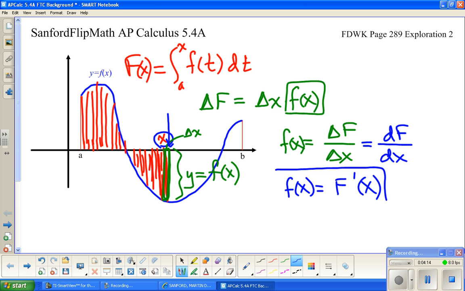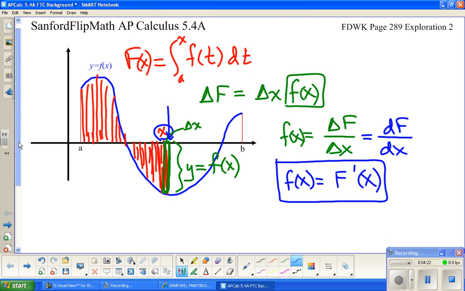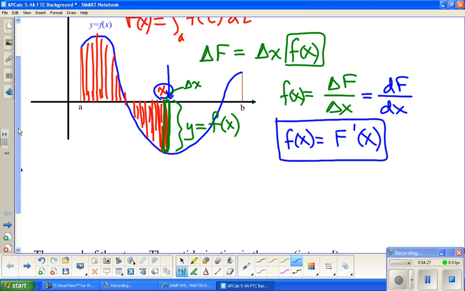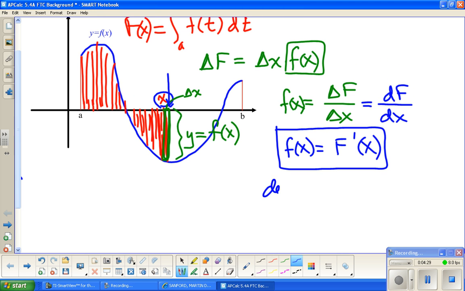This has huge implications, and this illustrates that the derivative, I'm letting the cat out of the bag, the derivative of the integral is f of x, in other words, y.